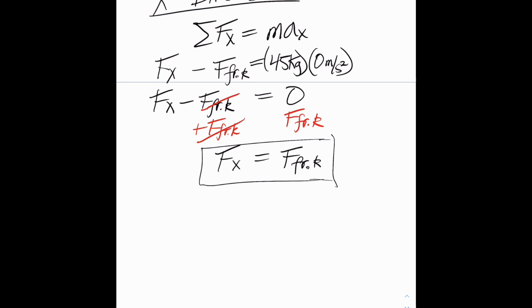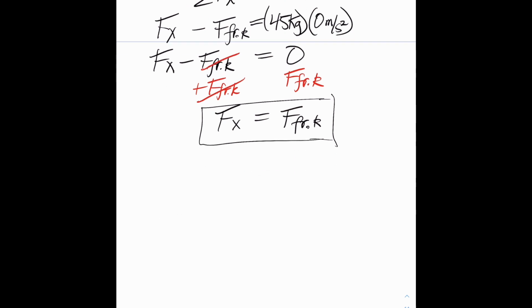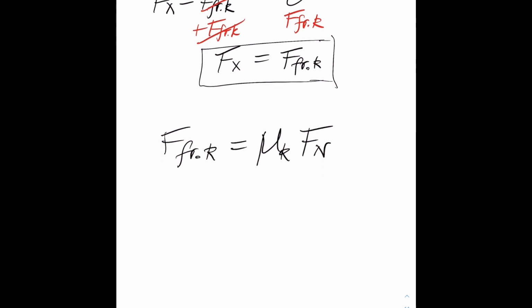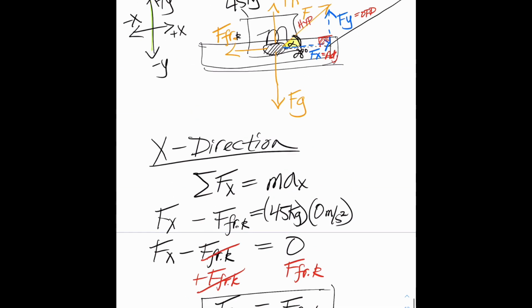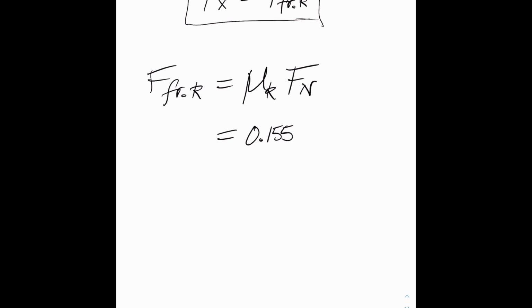We know that force friction kinetic, let me get a little more room here, is equal to mu kinetic times Fn. And we also know that mu kinetic, I think it was 0.155 for some reason. Is that what it was? Yeah, okay.